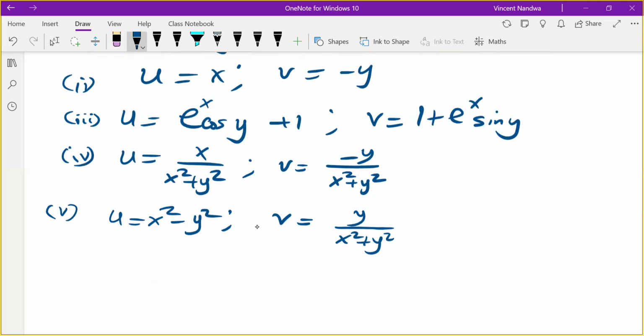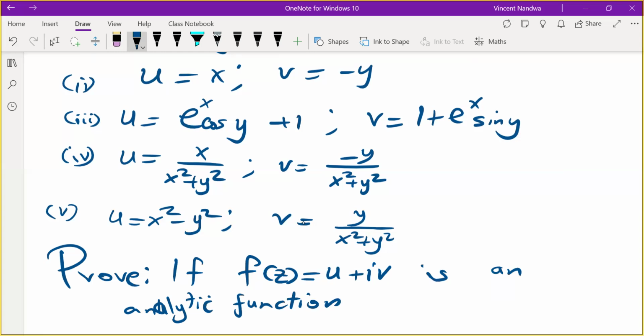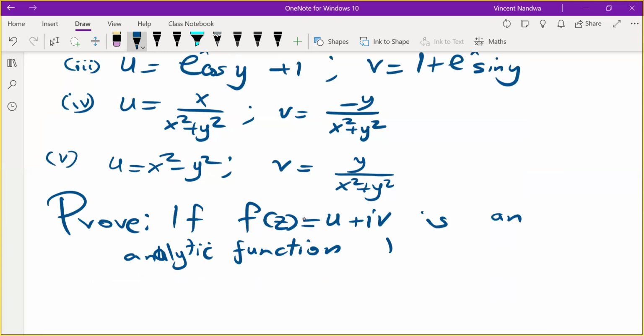And then also prove this theorem that if f of z equals u plus iv is an analytic function, then u and v are both harmonic.